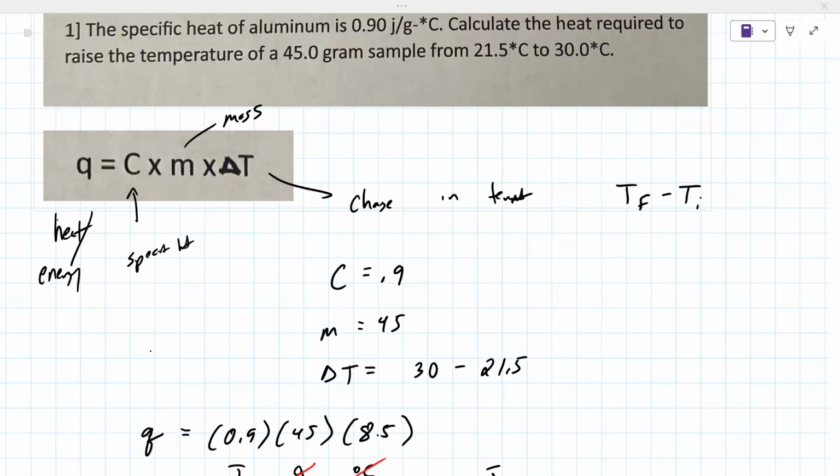How do you know which formula to use on which problem? It depends on what it's asking for. That's why it's so important to know what these stand for. Q is energy, C is specific heat, M is mass, T is change in temperature.